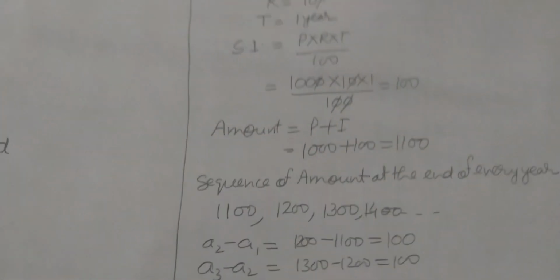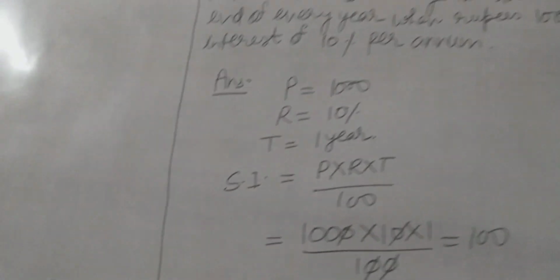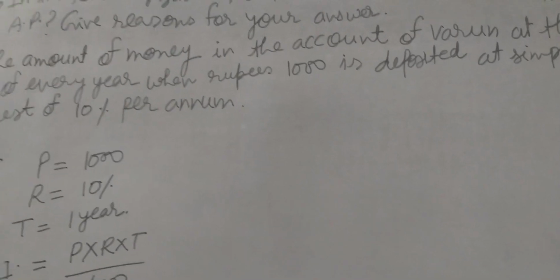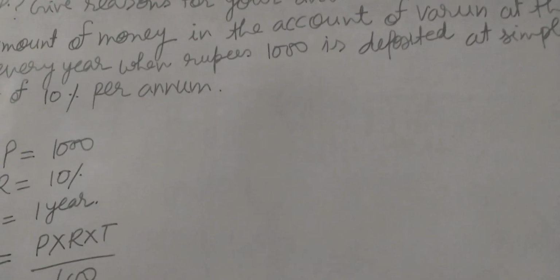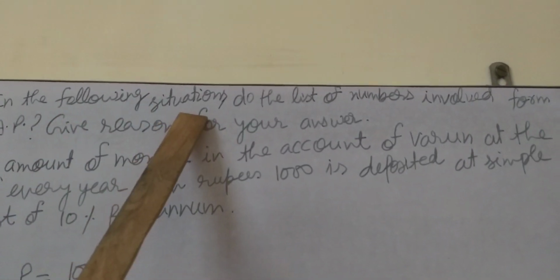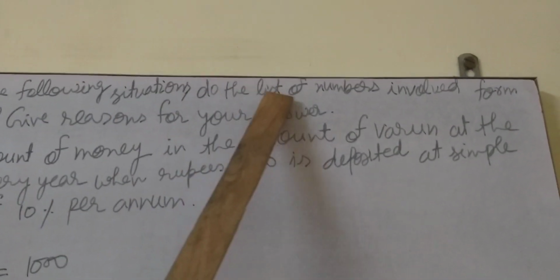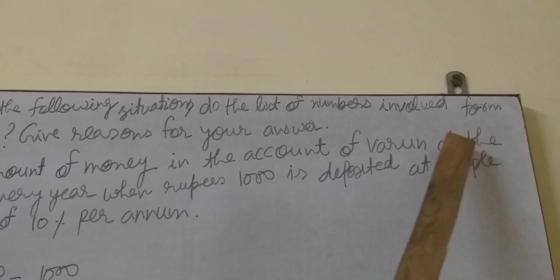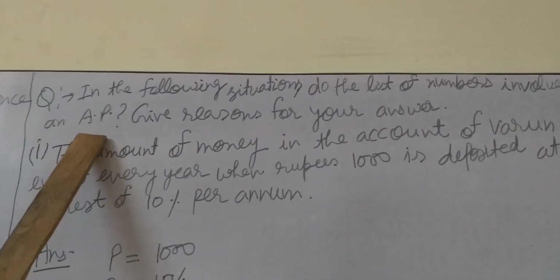Now students, third kind of questions. In these questions, we have to check whether the given situation forms an AP or not. So question, students: in the following situations, do the list of numbers involved form an AP?